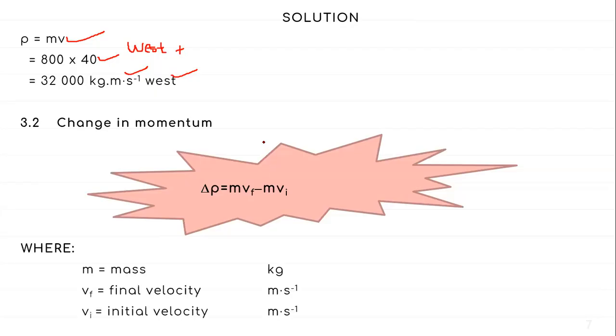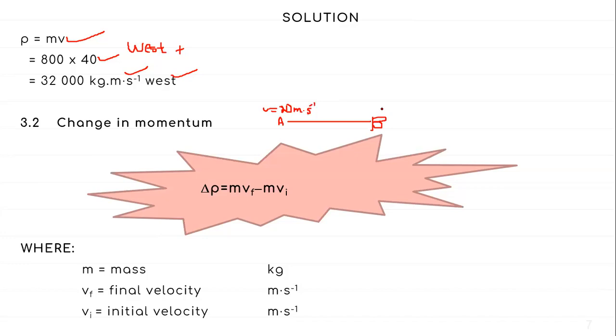For example, I could be having an object going from point A to point B. When it's at point A, it's traveling at a speed of 20 meters per second.